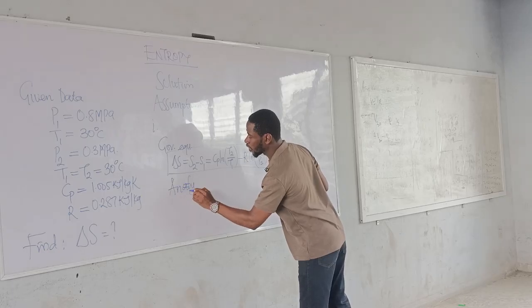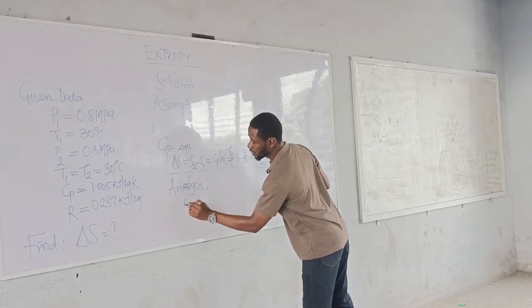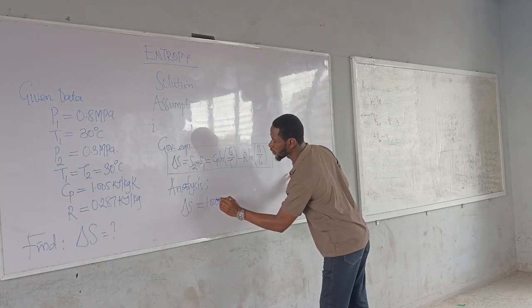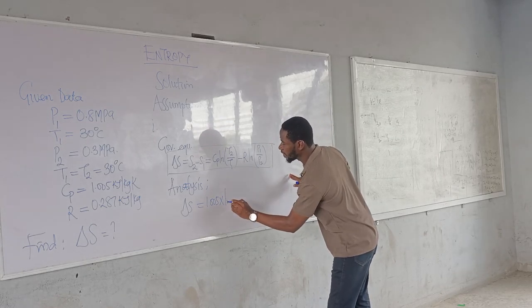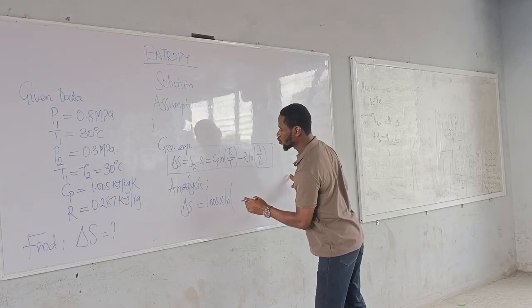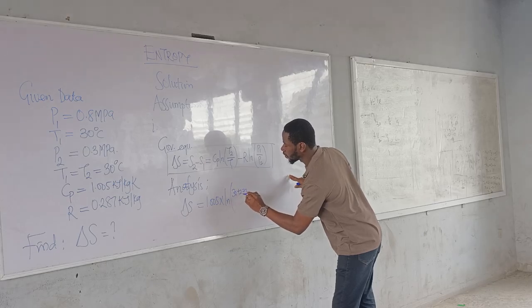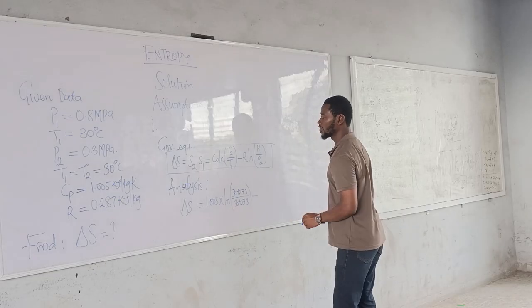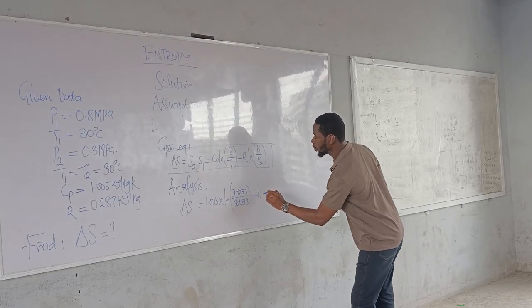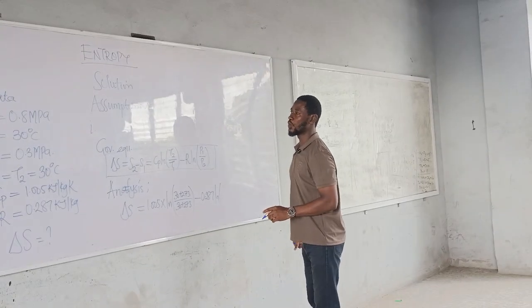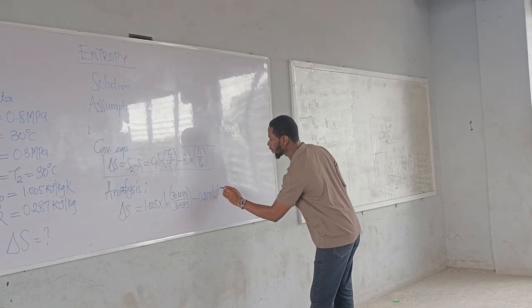Analysis. We want to start analyzing the problem. Change in S becomes Cp, 1.005, multiplied by ln of temperature T2, that's 30 plus 273, over 30 plus 273, minus R, 0.287, ln of P1, which is given as 0.8.